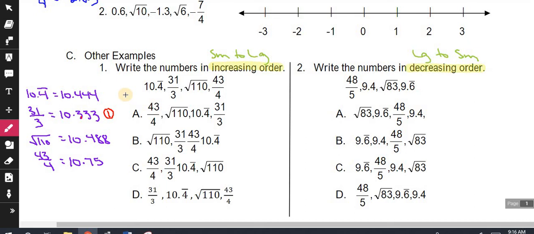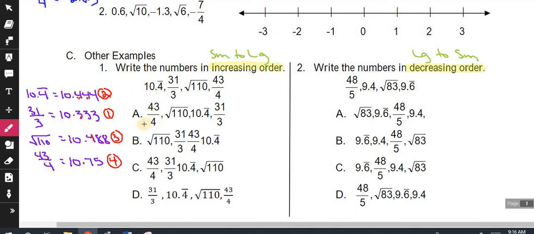Next, we're going to be comparing our 10.4s, and as I go farther out, 4 versus 8, so the 10.4 repeating will be smaller than the 10.488-ish, so that'll become our next one. And then the 10.75 is our largest.